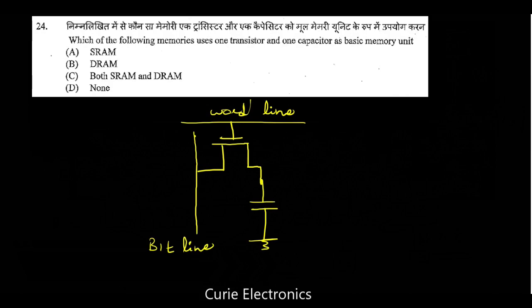See, this is the structure of a dynamic RAM. There is one MOSFET and a capacitor. By turning it on, we can charge or discharge the capacitor, and constant refreshing is also a must for this. There is something called the refreshing rate for dynamic RAM. SRAM is with flip-flops.